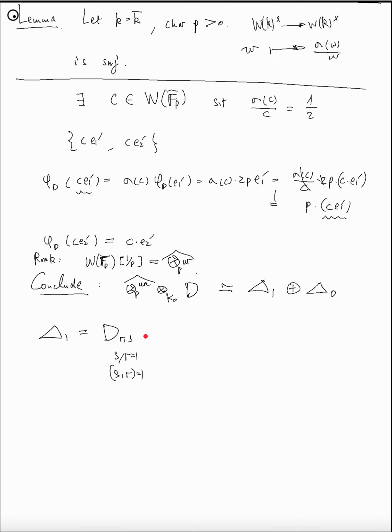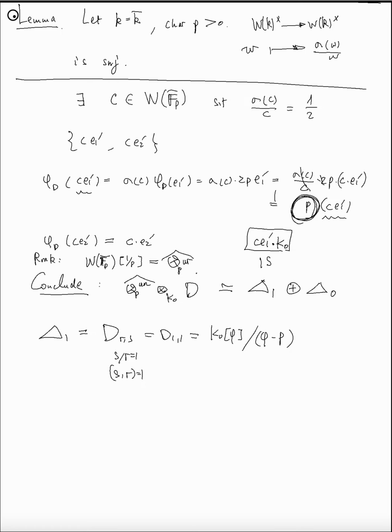So this is basically D_{1,1}, which is K0 Frobenius quotient by phi minus p. And so Frobenius acting on it is the same as multiplication by p. So this part is really isomorphic to C E1 prime K0.